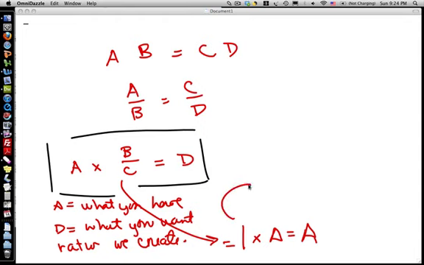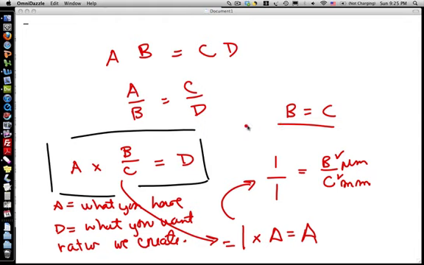And our equation is going to be 1, the same as the fraction 1 over 1. So B over C has to be equivalent, like that. What we're going to do is put different units on the top and bottom of this fraction, and then different numbers in to represent the relationship where B equals C.